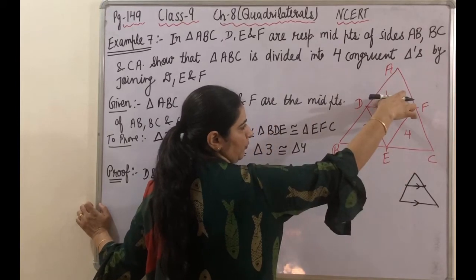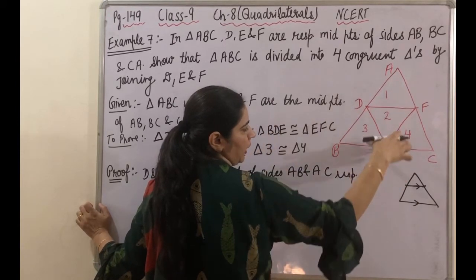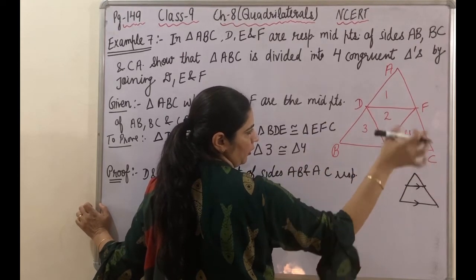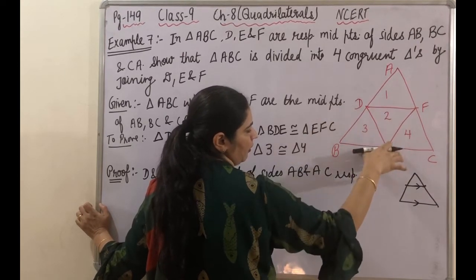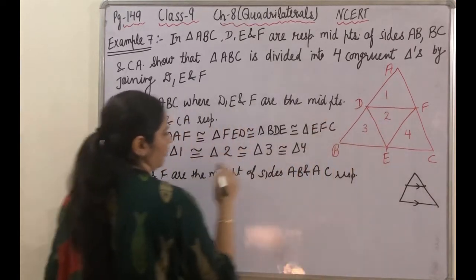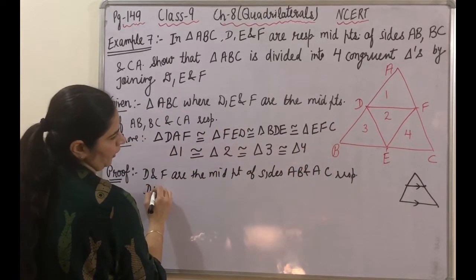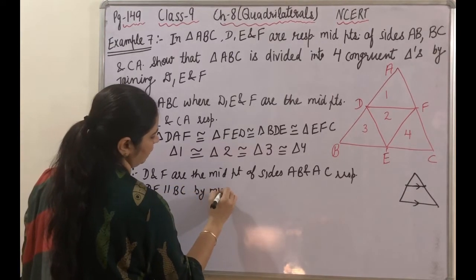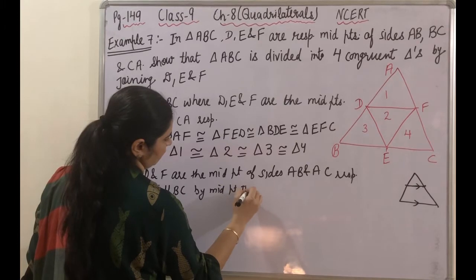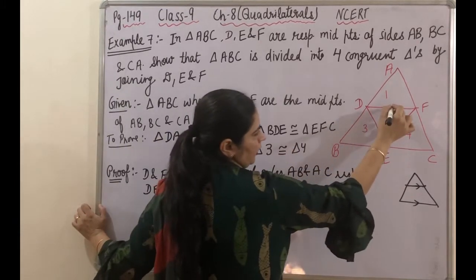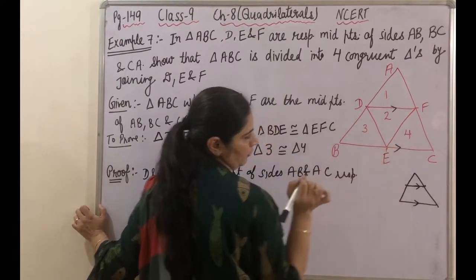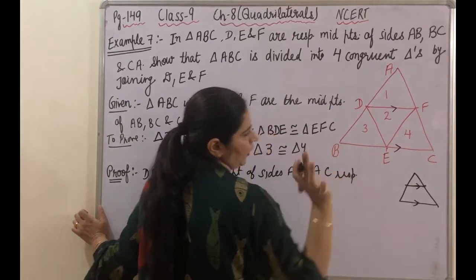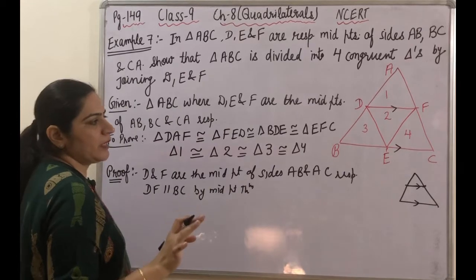If I join the midpoints, then this line is parallel to the third side and will be equal to half of it. I am not using the half, I am using the concept of parallel lines only. Then I can write DF is parallel to BC by the midpoint theorem. Now again I am using the same result.